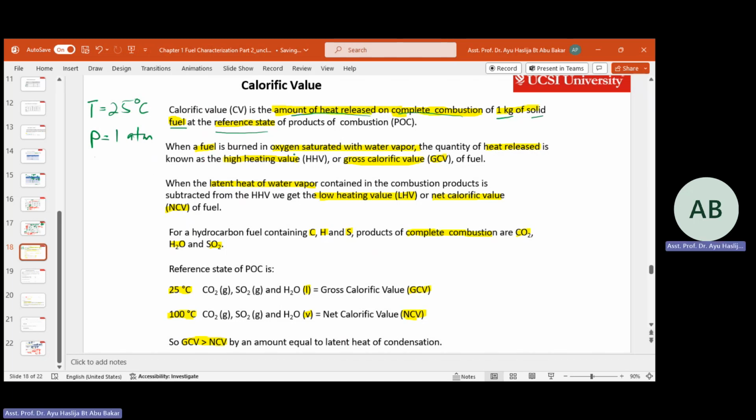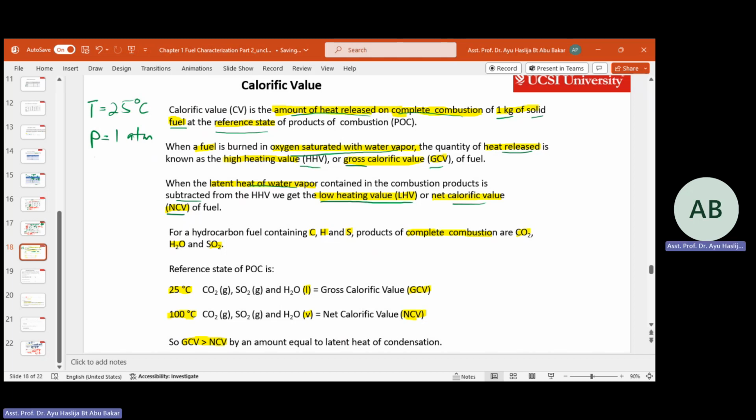When a fuel is burned in oxygen saturated with water vapor, meaning there is moisture in the fuel, the quantity of heat released is known as the high heating value, HHV, or gross calorific value. When the latent heat of water vapor is subtracted, you get LHV, low heating value, or net calorific value, NCV.